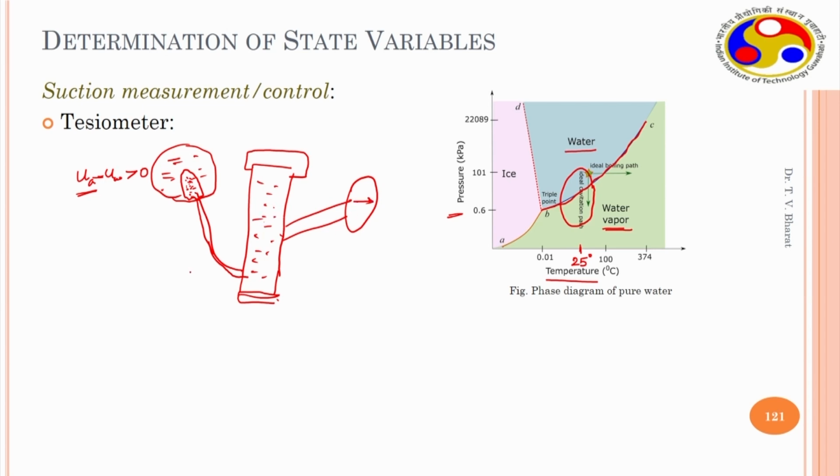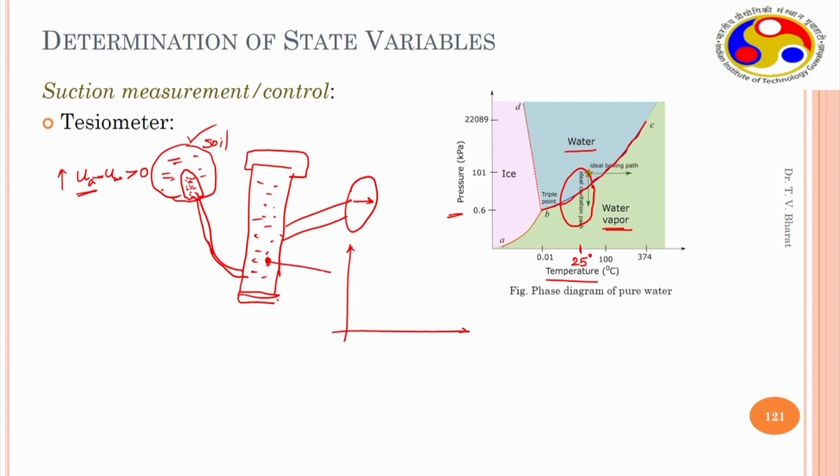Now imagine the water pressure within this tube is decreasing, because the soil in contact with it is getting dried with time. Therefore the negative pore water pressure is increasing with time, and it is transmitted through the tube, so the water pressure in this one is changing.